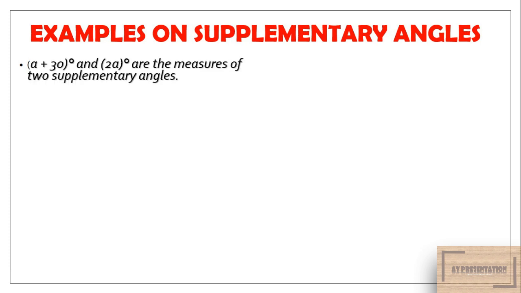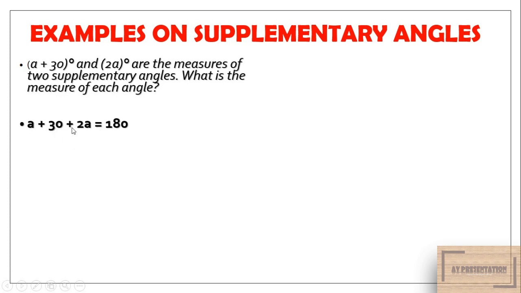(a plus 30) degrees and (2a) degrees are the measures of two supplementary angles. What is the measure of each angle? Here the measures of the angles are not given directly. Now let's find out the actual measure of both angles. A plus 30 plus 2a is equal to 180. Here a plus 2a means 3a, so 3a plus 30 is equal to 180.